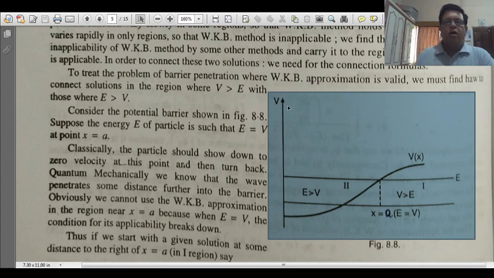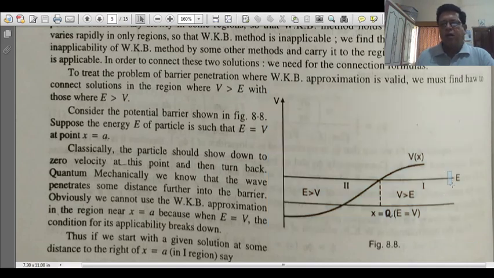This shows potential versus distance, how potential changes with position.